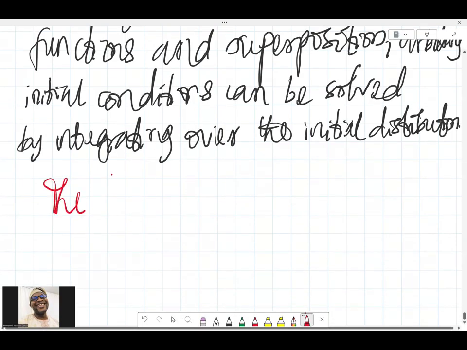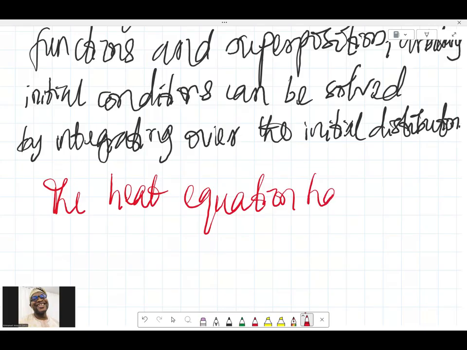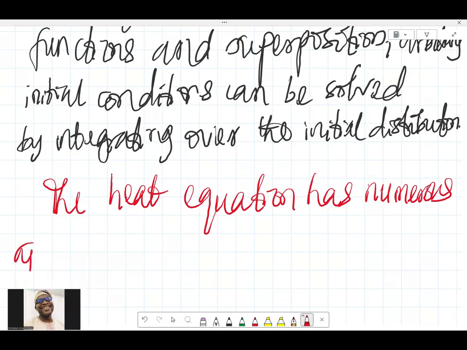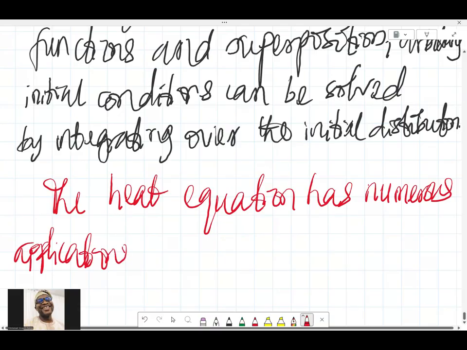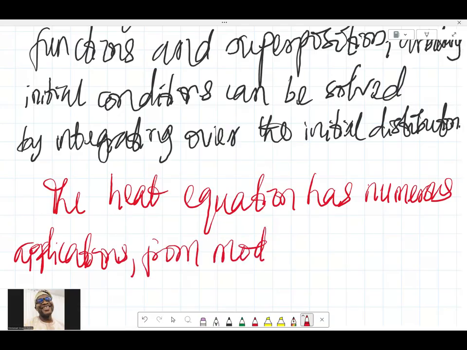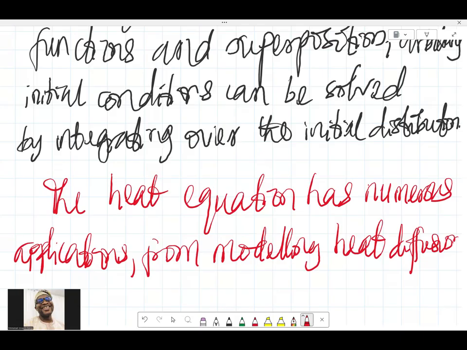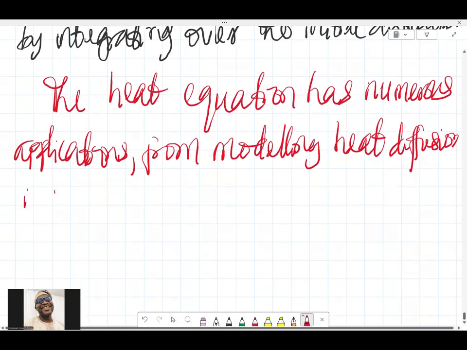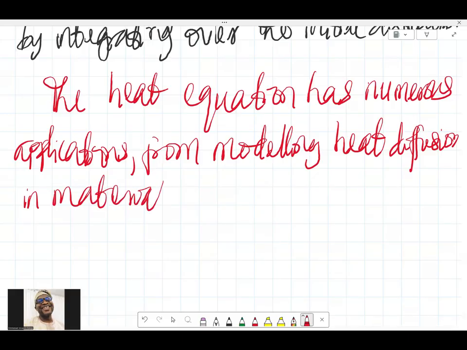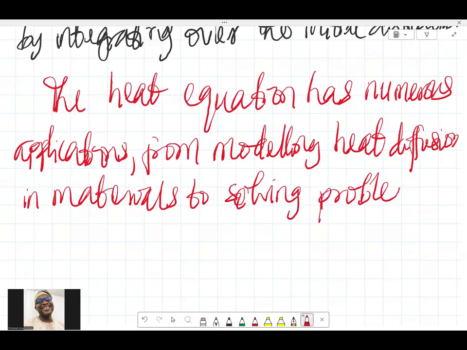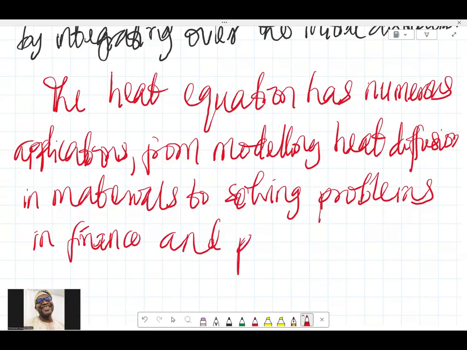So the heat equation has numerous applications, from modeling heat diffusion in materials to solving problems in finance and population dynamics.